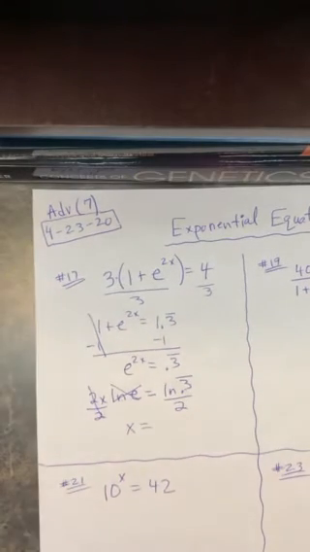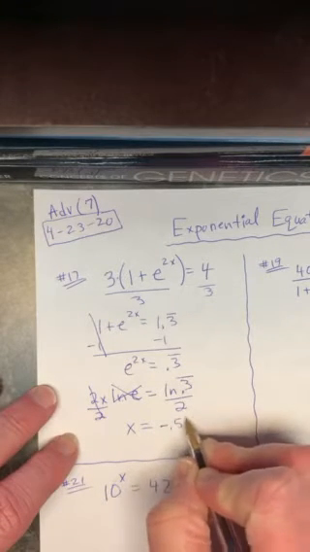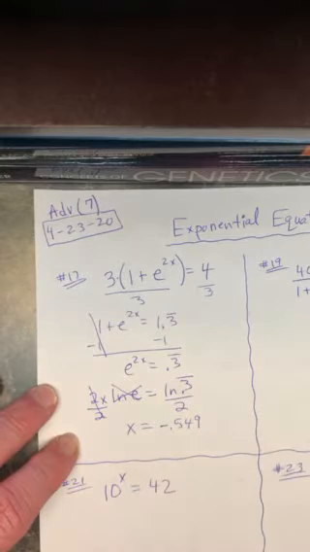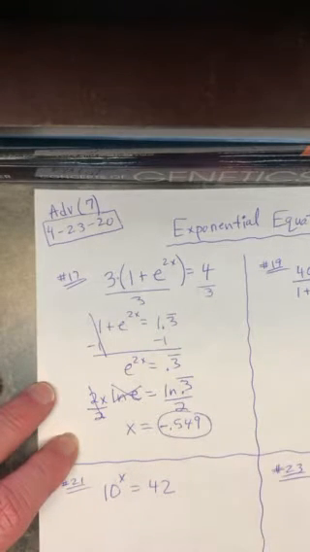So on my calculator, make sure your calculator is out. I'm going to hit ln 0.3333333, just type in several of them, hit enter, then push divided by 2, enter, and I'm getting negative 0.549 to the nearest 3 places, and I did it, okay?